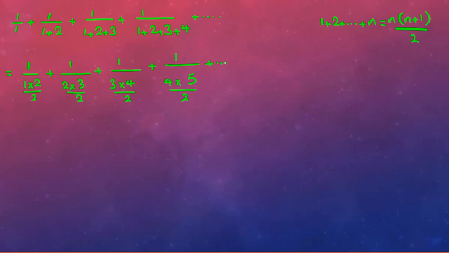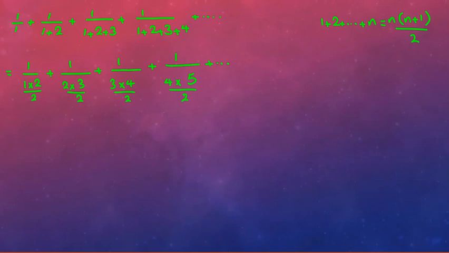We proved in the previous page that 1 plus 2 up to n is n times n plus 1 over 2. So 1 over 1, with n as 1, is 1 times 2 over 2. We write all of them in the same form: 1 plus 2 is 2 times 3 over 2, the next one is 1 over 3 times 4 over 2, next, 1 over 4 times 5 over 2, and so on.